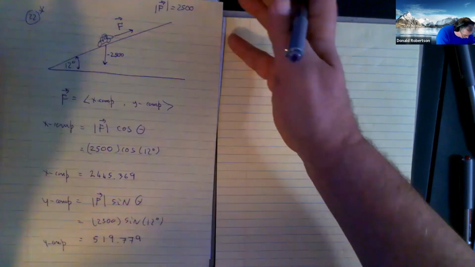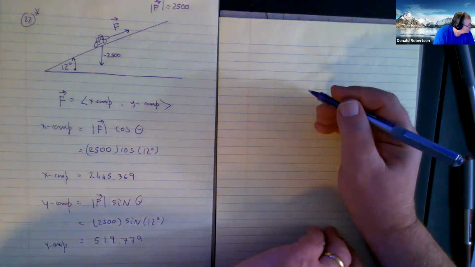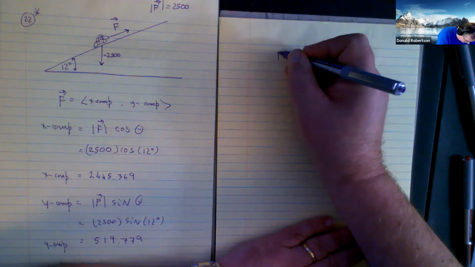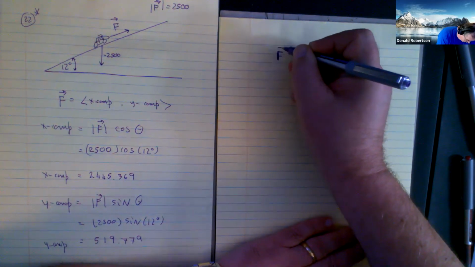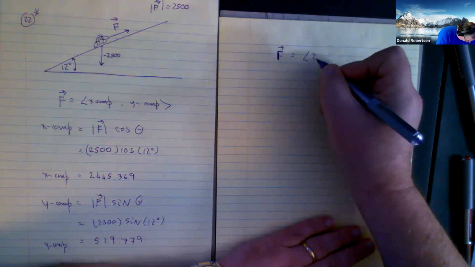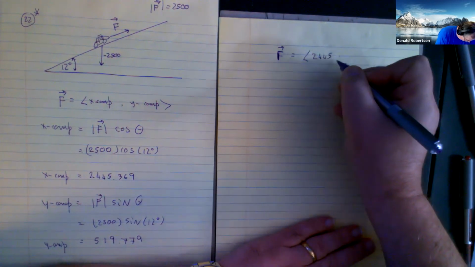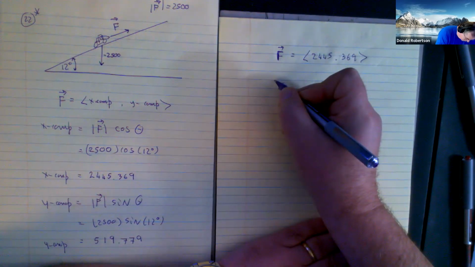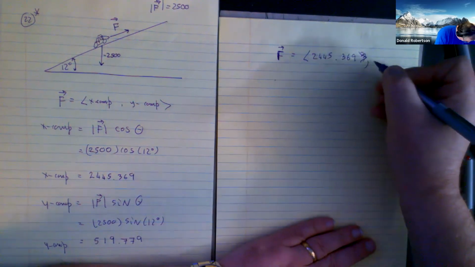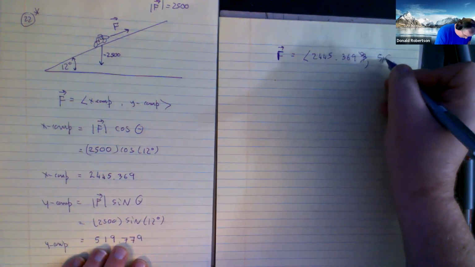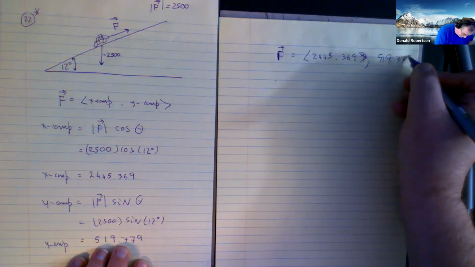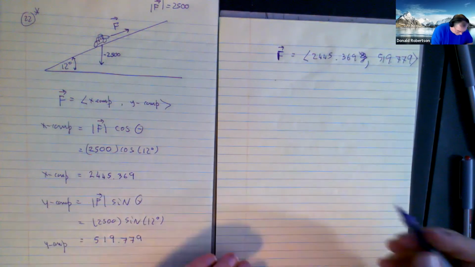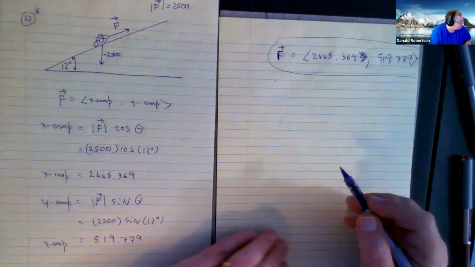So we have 2,445.369 and 519.779, which is that fella. Okay, now that's us got half the battle done.